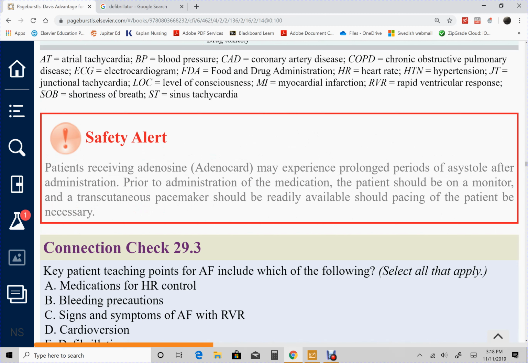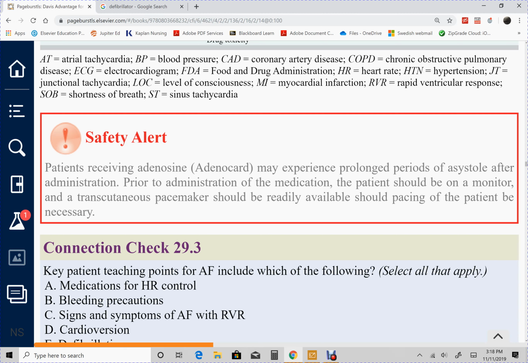Oh, here it is. Okay. Now, the drug is expected to result in a short period of asystole, meaning as it restarts the heart after SVT, the patient will go into asystole.